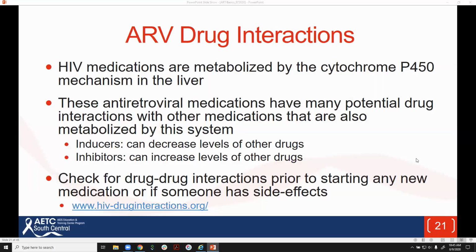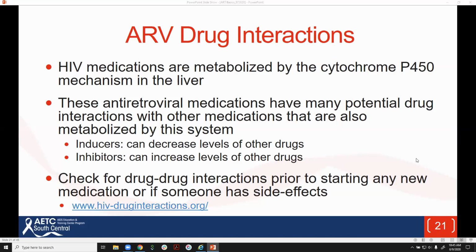So antiretroviral drug interactions, a very, very key point to think about. HIV medications are metabolized by the cytochrome P450 mechanism of the liver, and many other medications use that same enzyme. Some of the medications, let's say the inducers of that enzyme, can decrease the levels of drugs, and inhibitors can increase the level of other drugs.